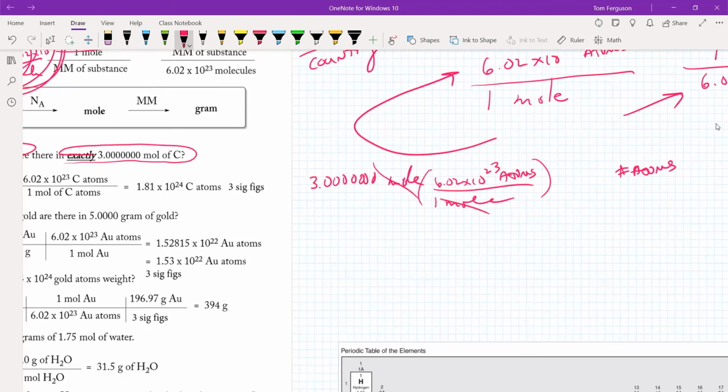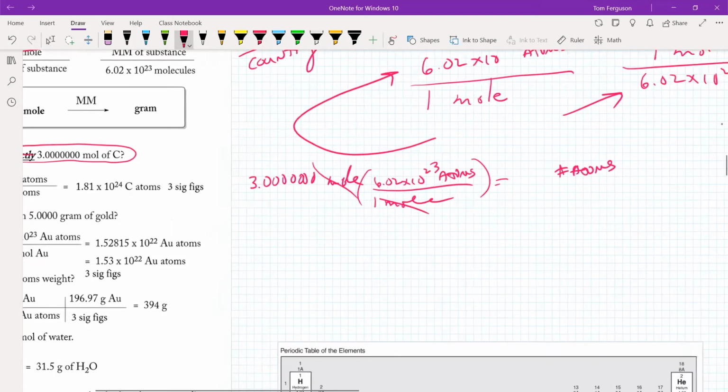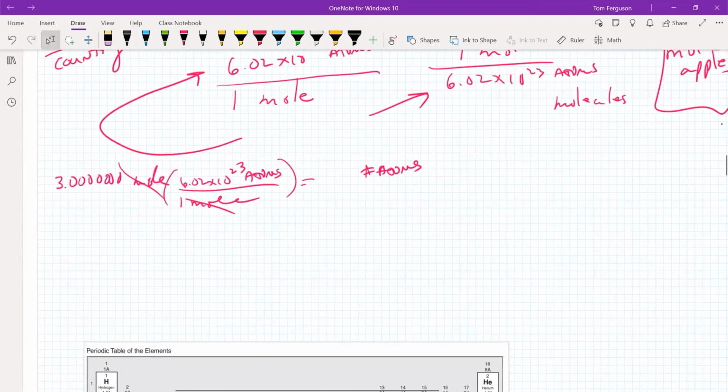So now our answer is going to be 3 times 602 times 10 to the 23rd. How many sig figs is our answer going to have? 3, because that's 3 sig figs. That is 8 sig figs. So our answer is going to have 3 sig figs.